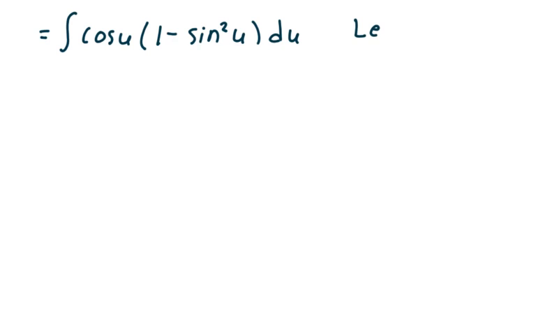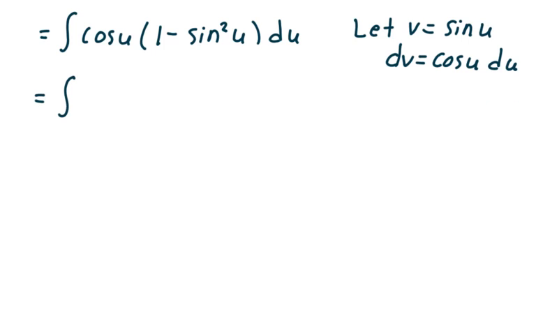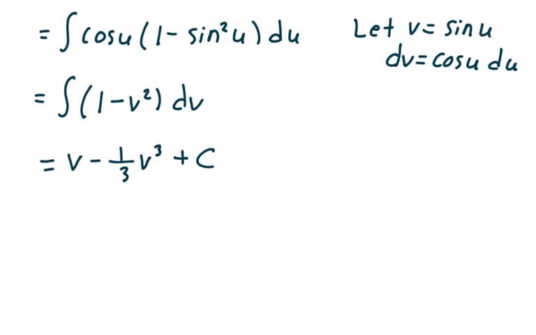And so I'm going to let v be sine of u. dv is cosine u du. So it's a substitution. And so this is the integral of 1 minus v squared dv. And so this is v minus 1/3 v cubed plus c. But v is sine of u. So you get sine of u minus 1/3 sine cubed u plus c.